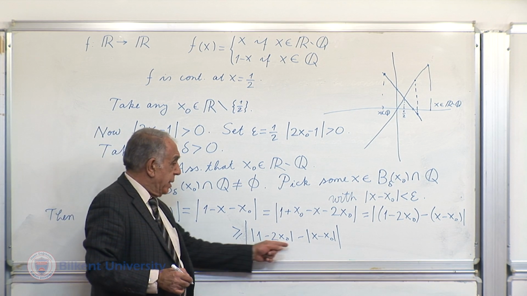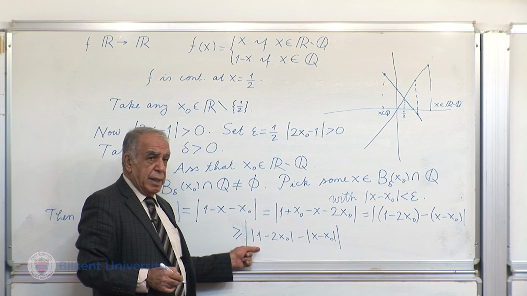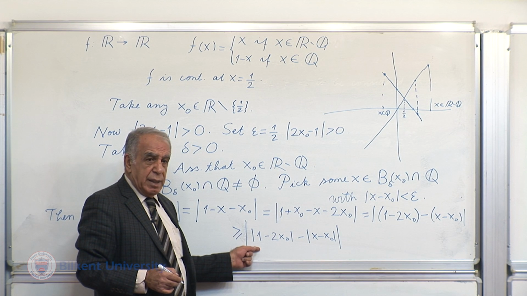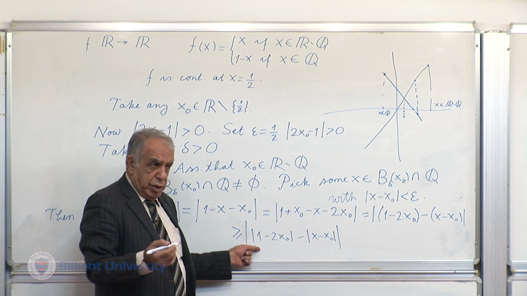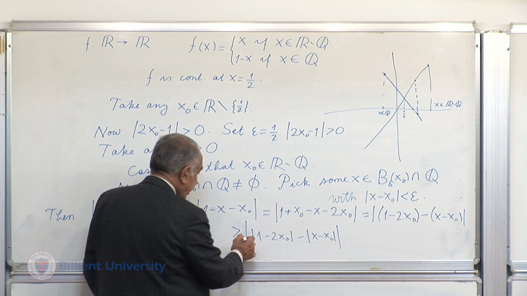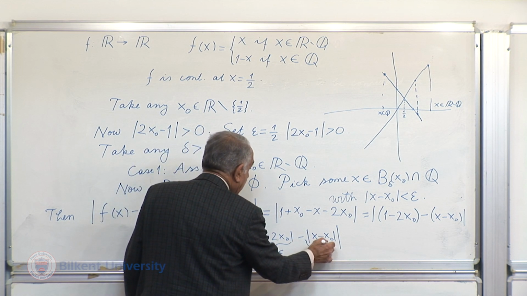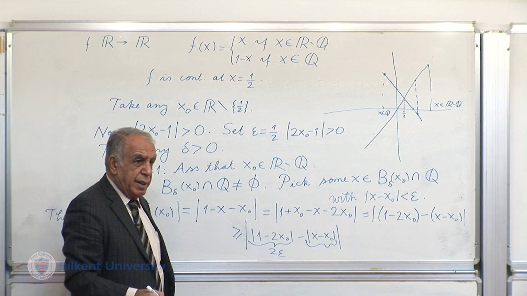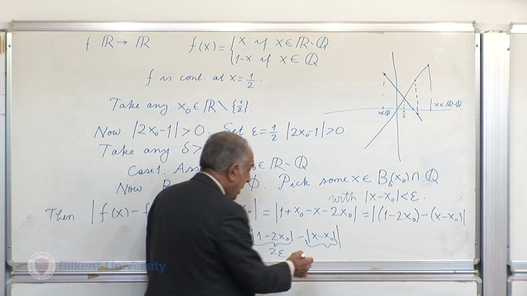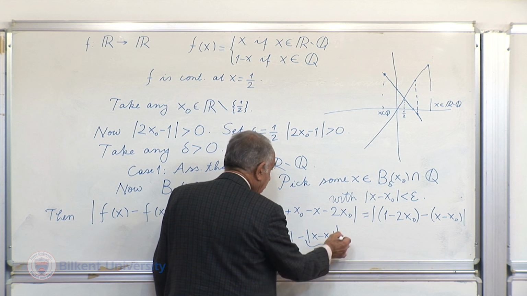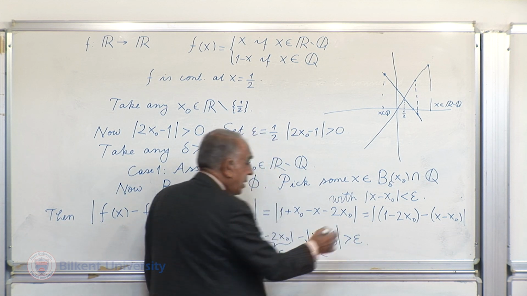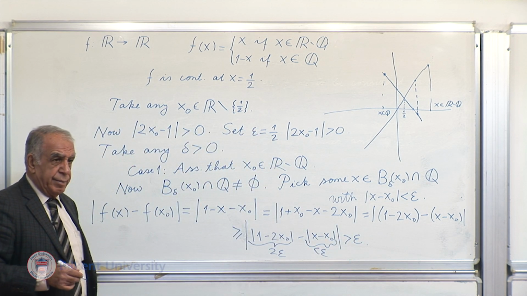What do we know about this quantity in terms of epsilon? This is just 2 epsilon. What do we know about this? This is less than epsilon. But then this is larger than epsilon.